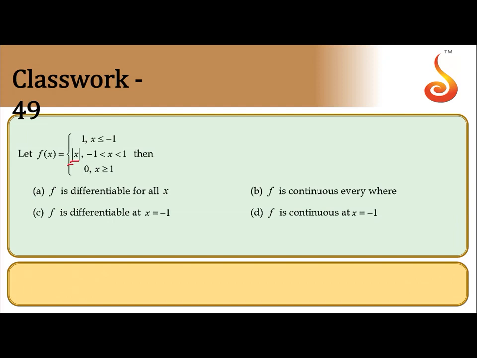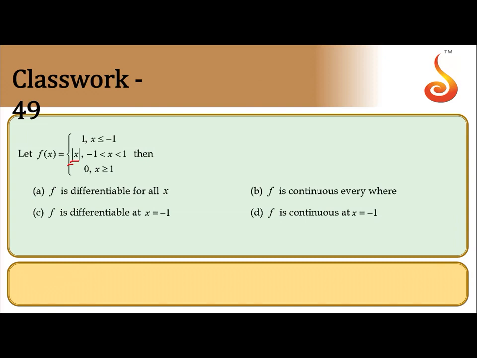Clearly you can see that the modulus x is no doubt continuous but not differentiable at x equals to 0. So therefore, f is differentiable for all x, I think the first option is wrong. f is continuous everywhere, yes, of course, it might be right.